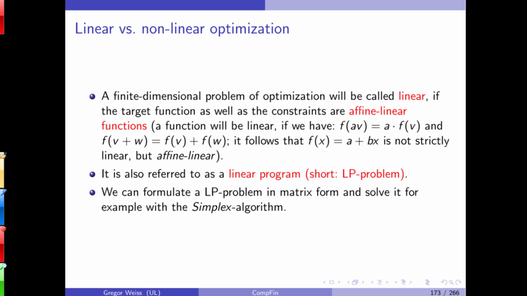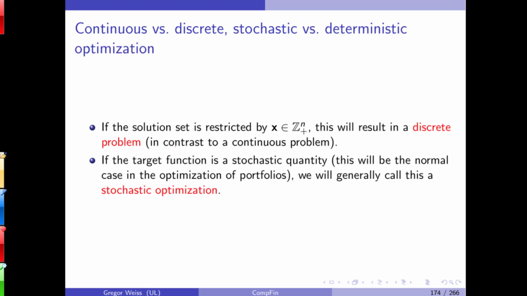The problem is that in practical applications, we are usually dealing with a very large objective function and hundreds and sometimes thousands of linear constraints that make it very tedious to solve this problem. But the simplex algorithm is quite powerful.